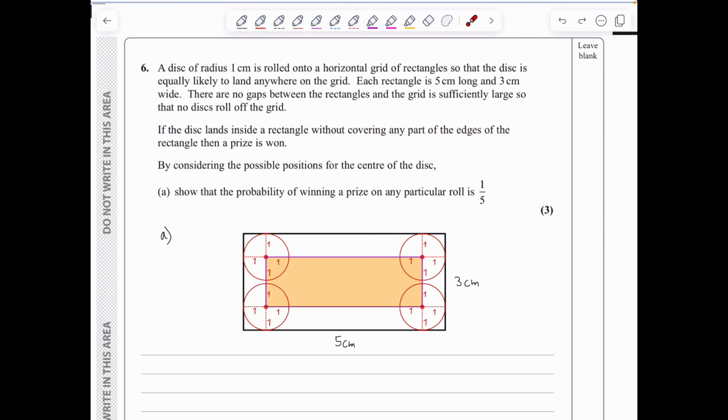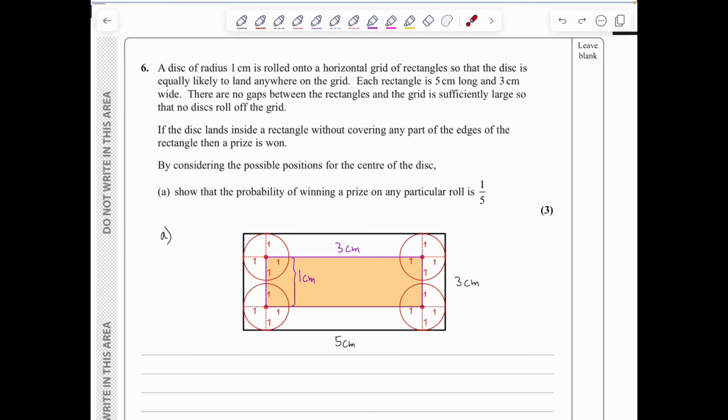It's a rectangle that measures 3 centimeters by a centimeter, because if the original height is 3 centimeters, and I need to be a centimeter within, then I lose 2 centimeters and I'm left with a centimeter here. Similarly, if the length was 5 and I want to keep a centimeter within the edges, then I'm left with a length of the inner rectangle of 3 centimeters.